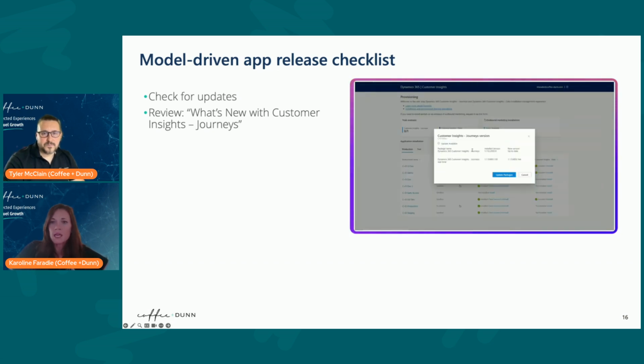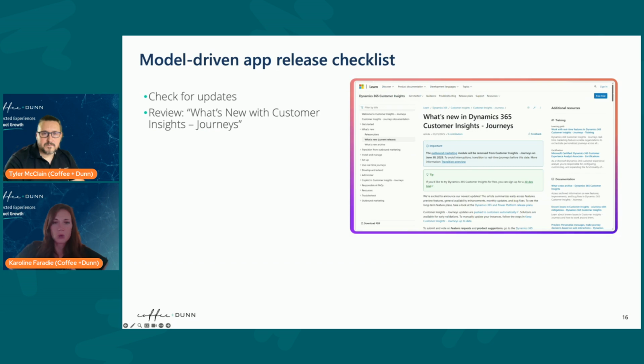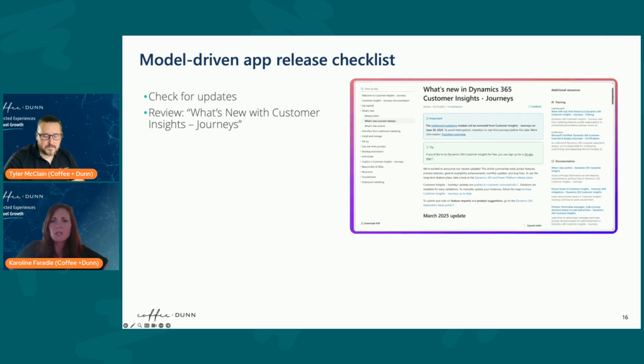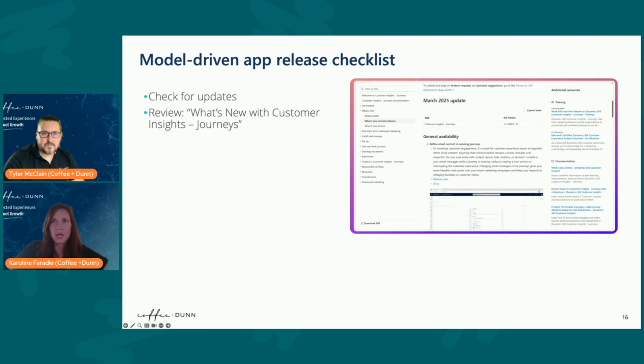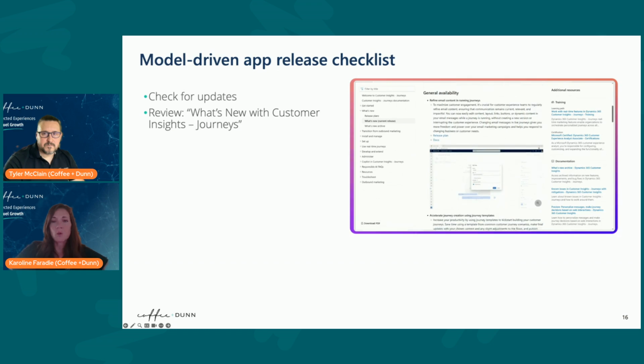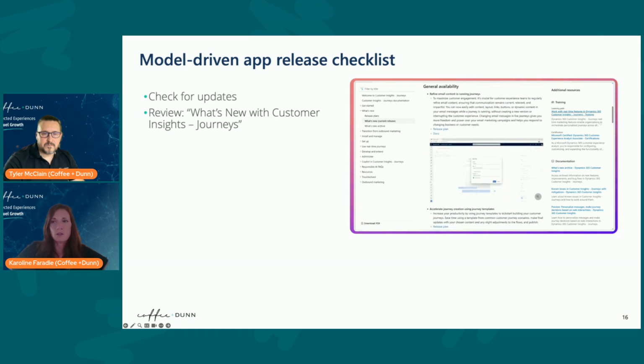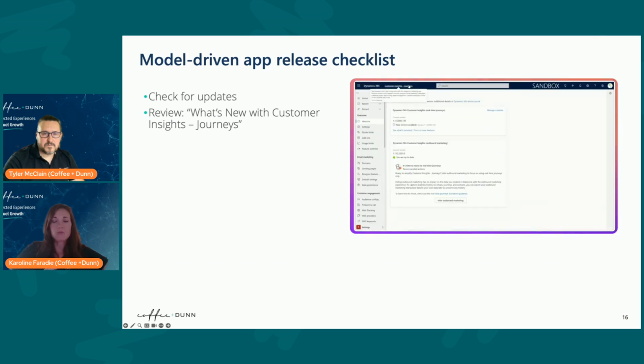We make it a habit to regularly check the admin center or the app settings that is being shown right here. This really helps us stay on top of spotting when an update has occurred, so that we are planning for that change and not impacted by these updates.